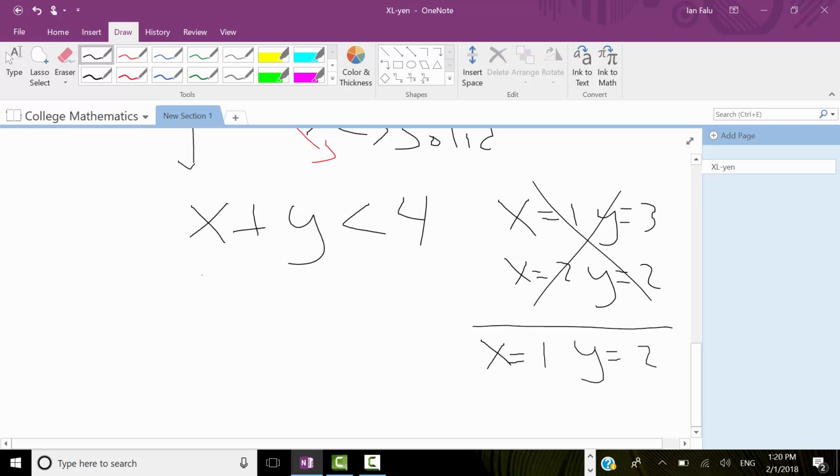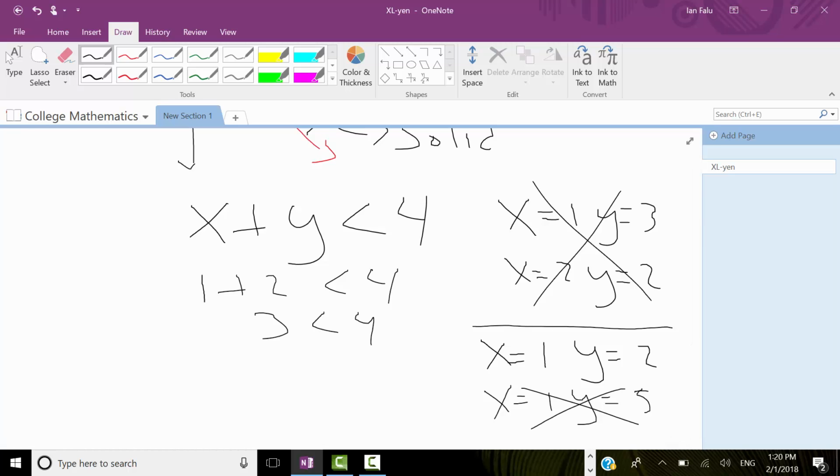Because now 1 plus 2 is 3, and 3 is less than 4, right? So that will work. If I go to the other side, let's say x equal to 1 and y equal to 5, right? This will not work because that's 6, and 6 is not less than 4. So that's what we're doing with inequalities. Now the solution will be a collection of points, a region of points.